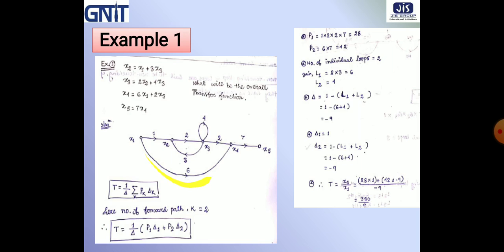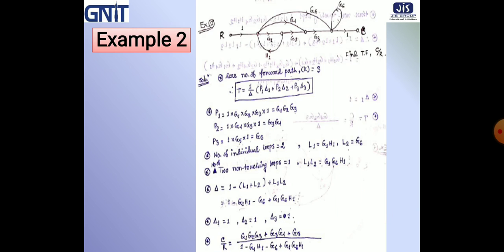And for delta 2, these two loops are non-touching. So delta 2 will be 1 minus L1 plus L2, so it will come minus 9. After calculation using this formula, we will get the transfer function equal to 350 by 9.